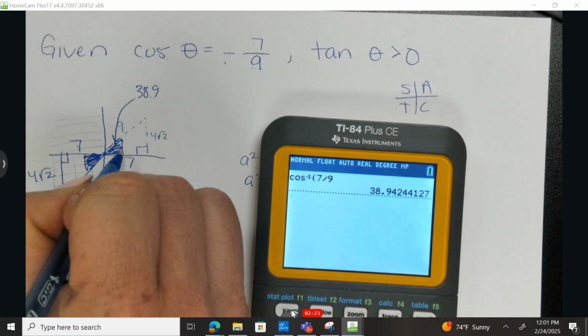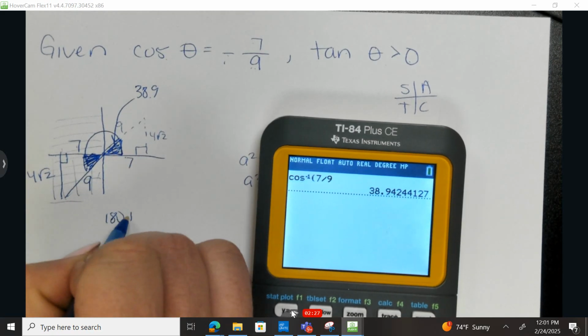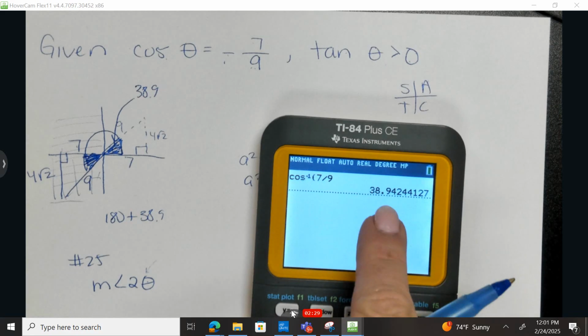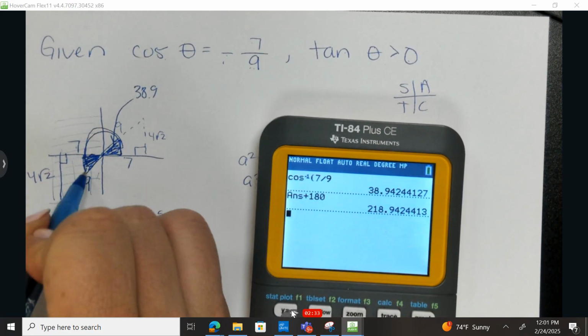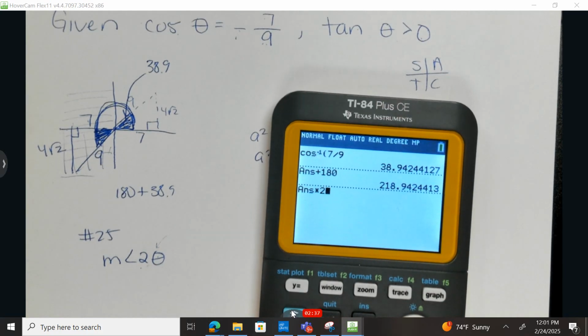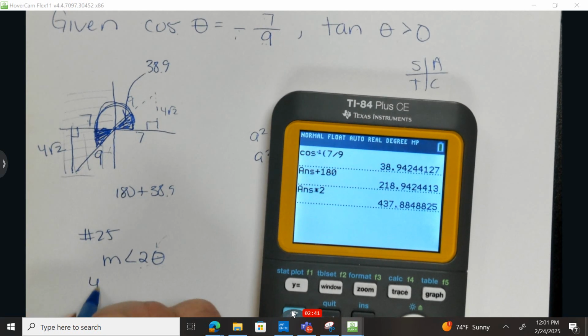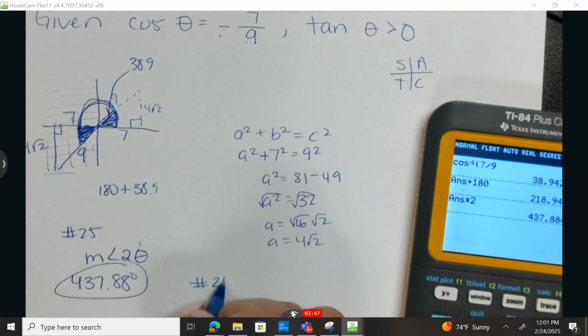So I need to go from here all the way over, so that's 180 plus an additional 38.9. So I'm going to take this and add 180. Okay, so now that I have this, it says I want 2 of those. So take this times 2, and here's how I get this measurement of 437.88 degrees.